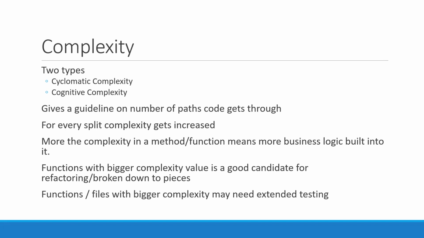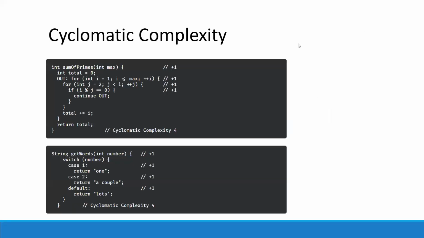Let me take a simple question first. Now tell me, there are 2 sets of code. Which code is easy to read? The top one or the bottom one? Bottom one. Why the bottom one? It is simple. You can easily see what the result would be if you qualify the case. Good.